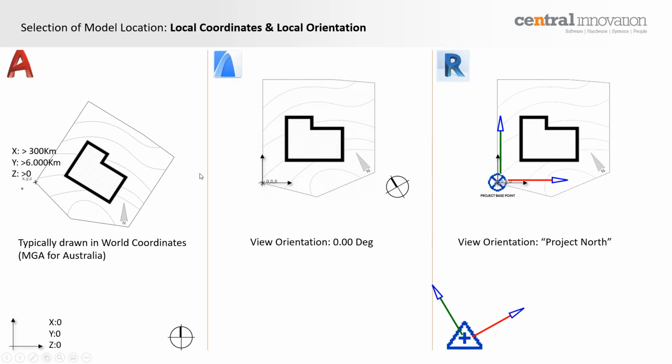Now on the other side, if we're going to use a local coordinate system with local orientation, basically you're going to keep your file closer in your building, in Archicad, closer to the origin. Let's say, as it's typically recommended, having your building on the upper right-hand side of the Archicad origin point. What you will see is a building that sits straight on your screen if you're using a view orientation of 0 degrees.